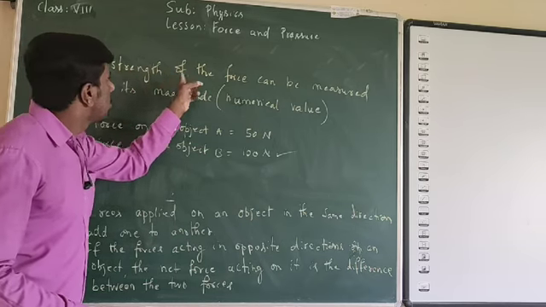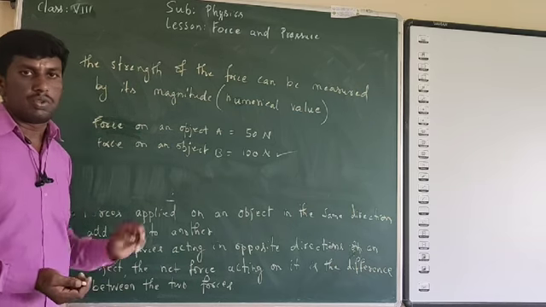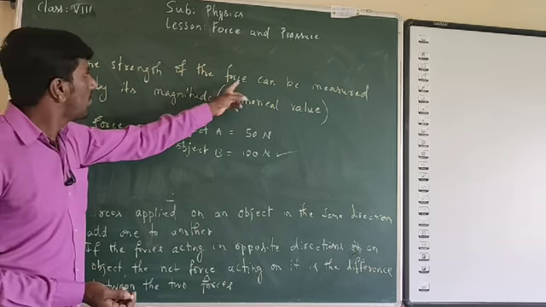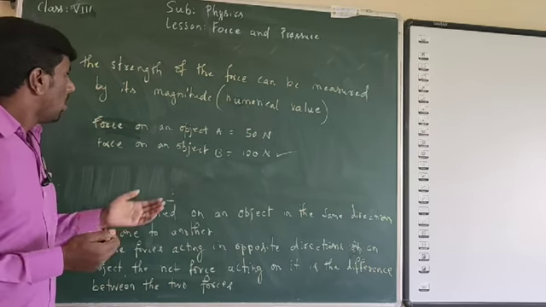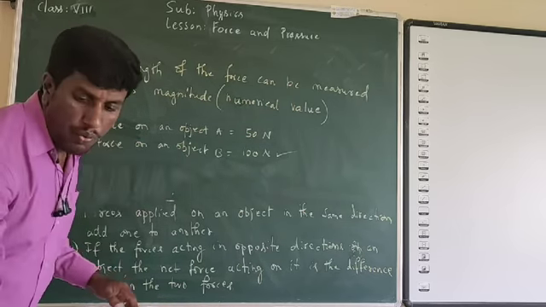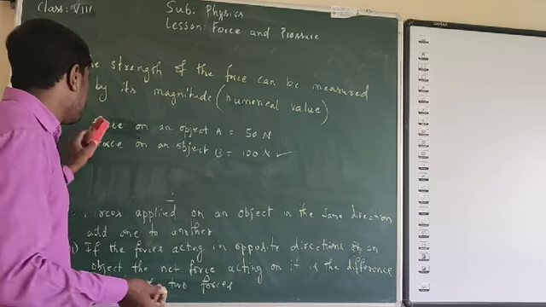We can measure the strength of the force. Okay? So the strength of the force can be measured by its magnitude. How we can measure its strength, I explained by taking an example.